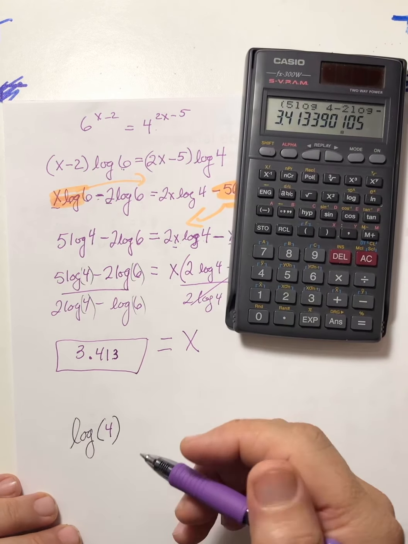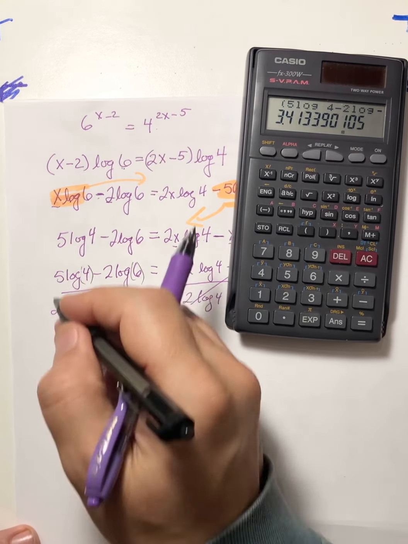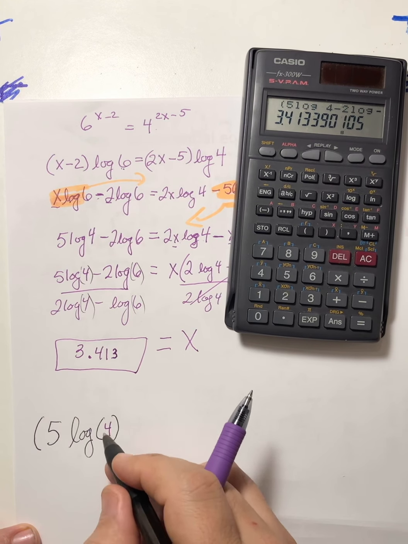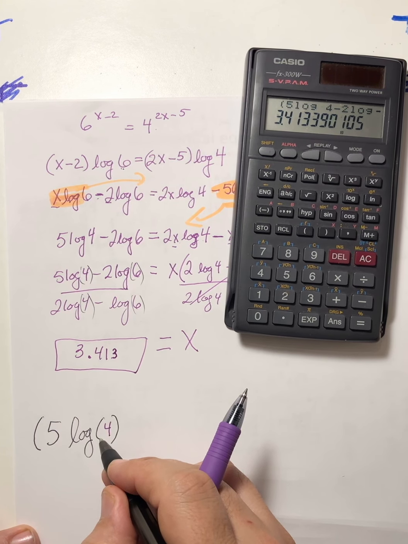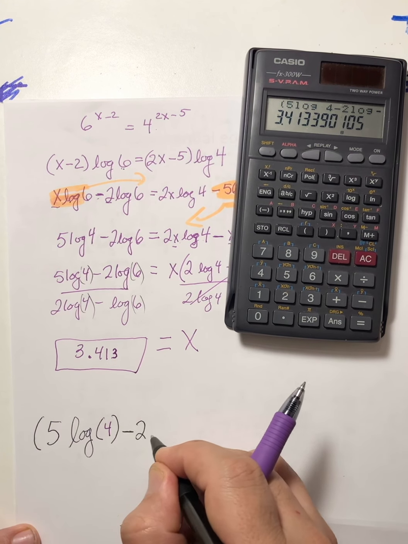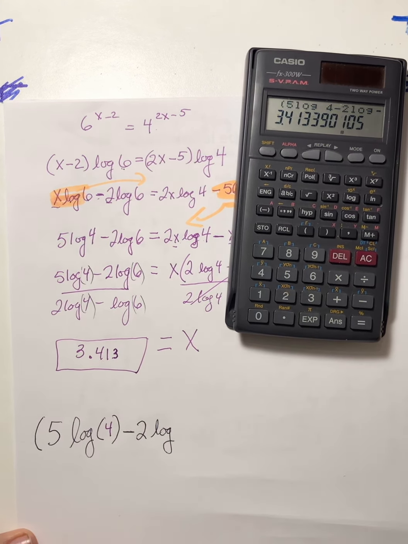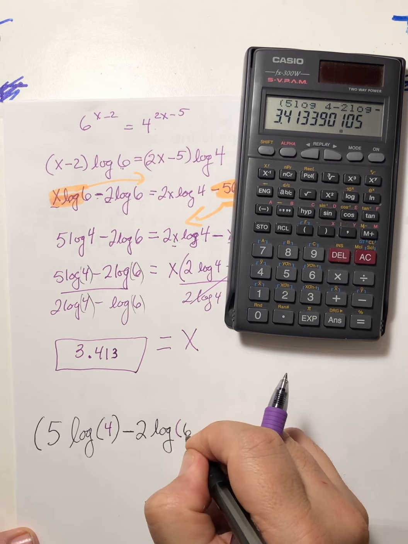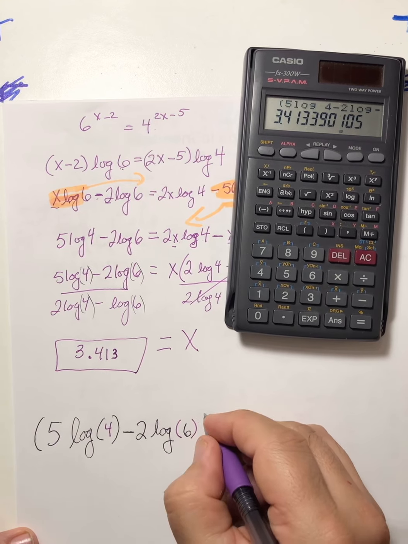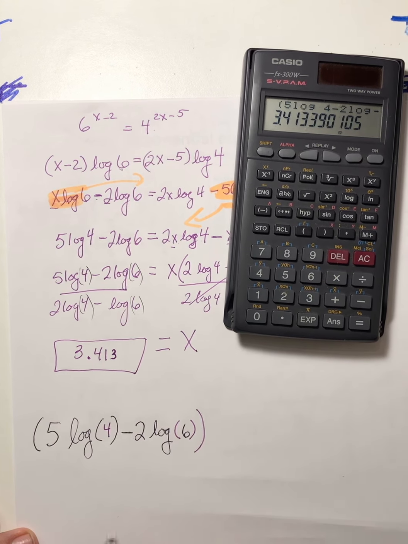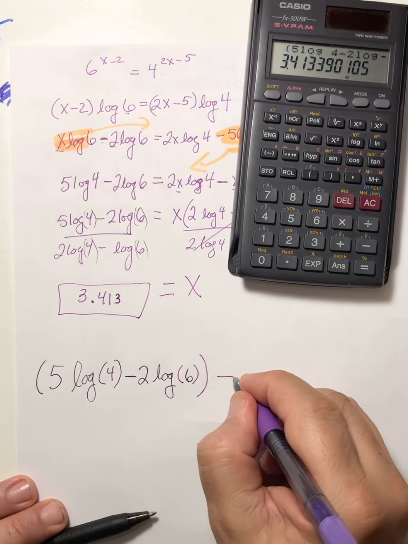This is what it would look like in a graphing calculator. You would have an open parentheses, then you would have your 5, log, open parentheses, because that's what the calculator does, then you got to close it, minus 2, log, the calculator automatically gives you an open parentheses, type in your 6, then you got to close it, and then close one more time for the top. Now the top is taken care of. Then you hit your divide button.